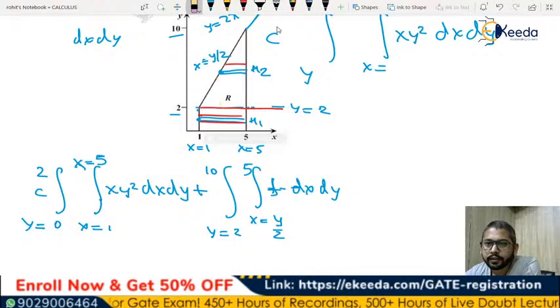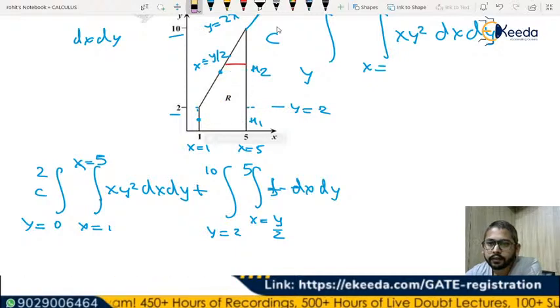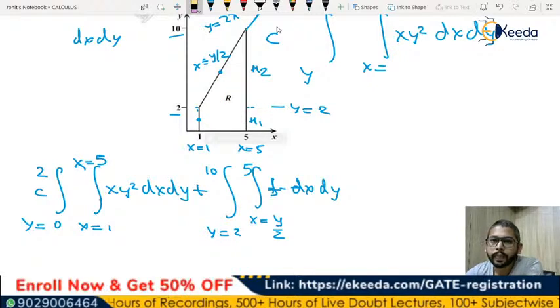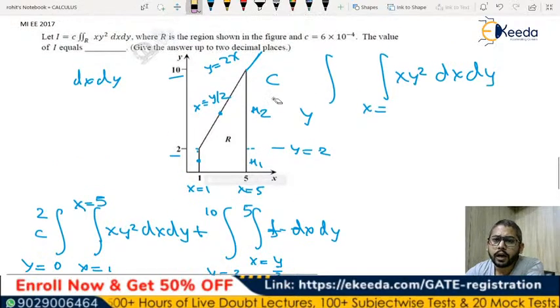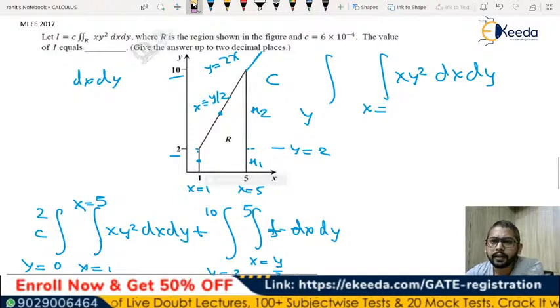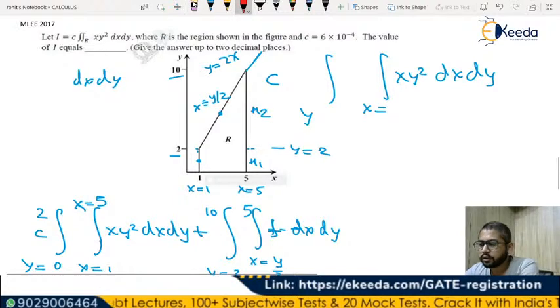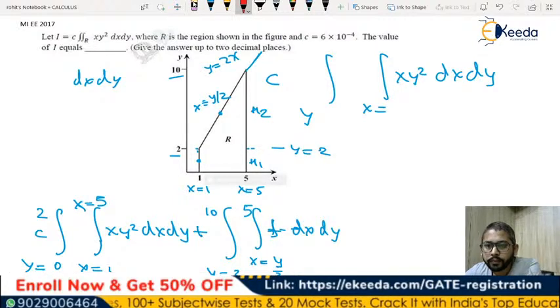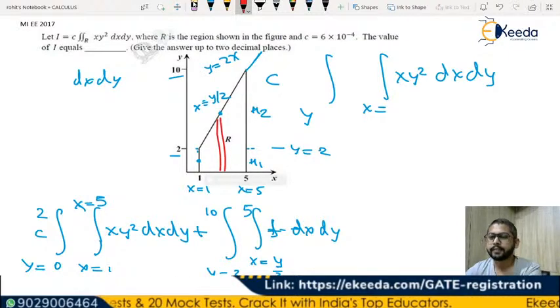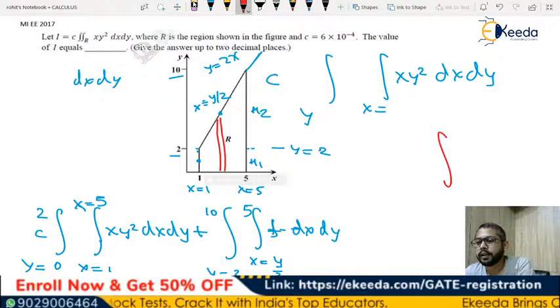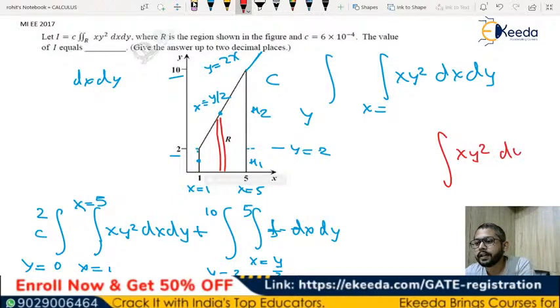Maybe I'll rub this and you'll be clear. I'll solve it in the same part, right? So now what I am doing is reversing the order of integration. I'll do this one, x y square dy dx.